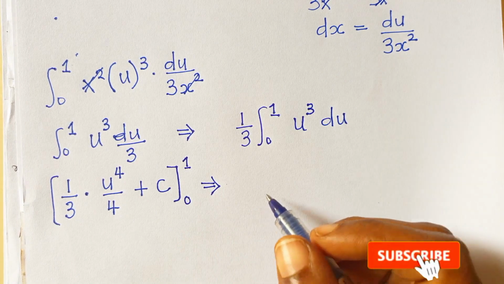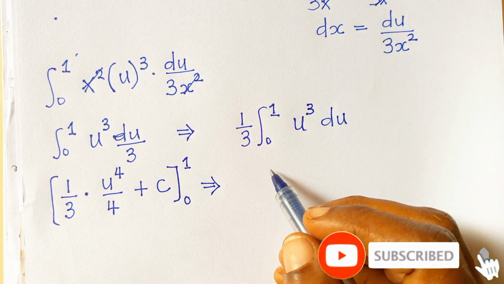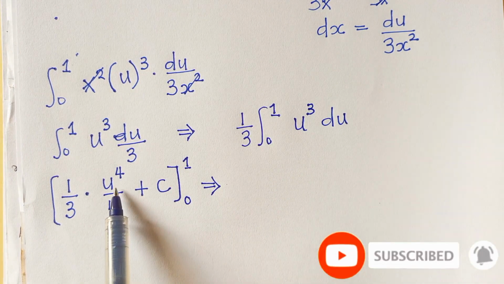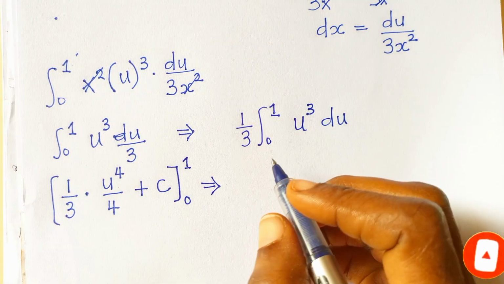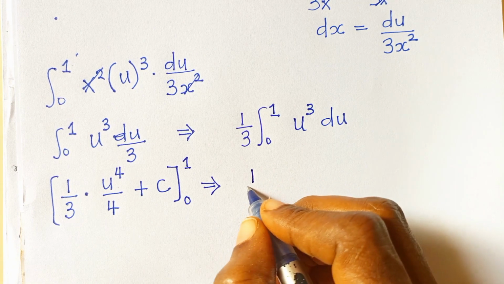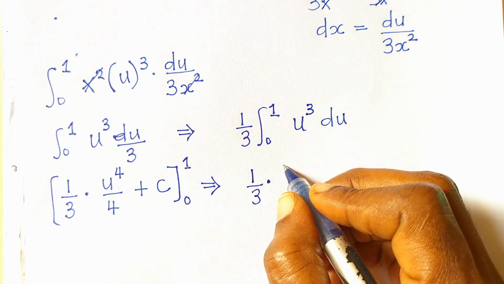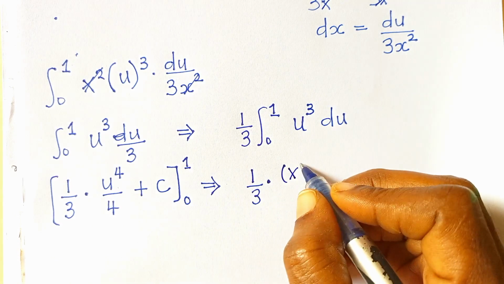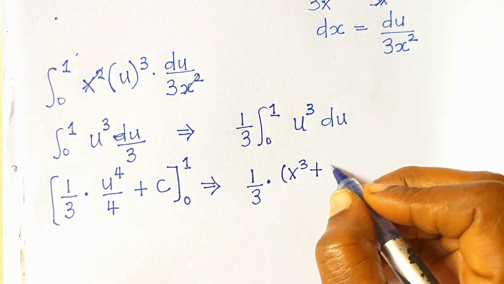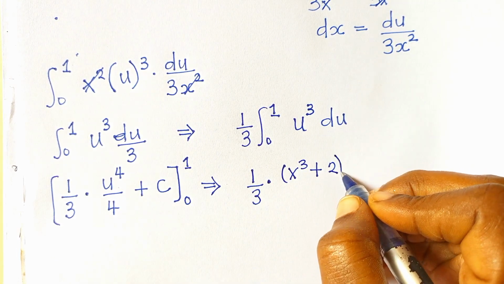So now that we've integrated this function, what we need to do next is to go back to what our u is and substitute our u back into this expression. Our u then is x cubed plus 2. Now we have it raised to power 4, not 3 anymore.